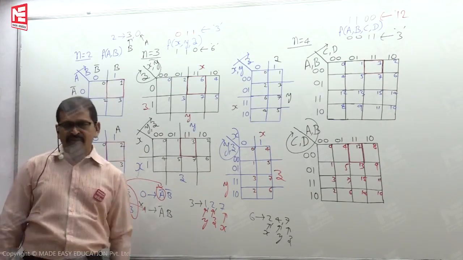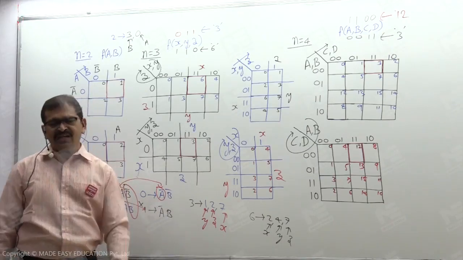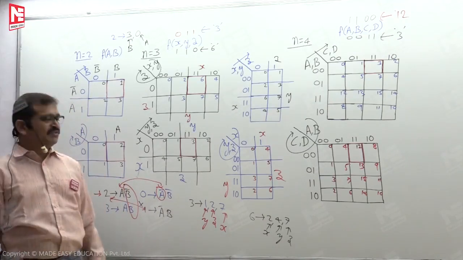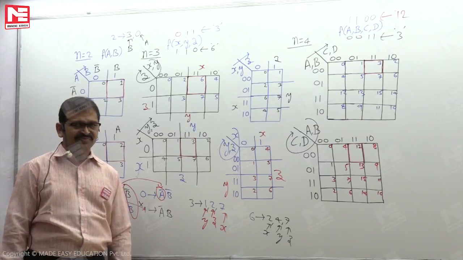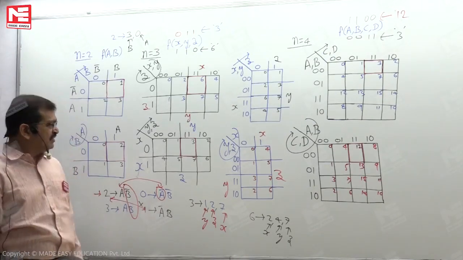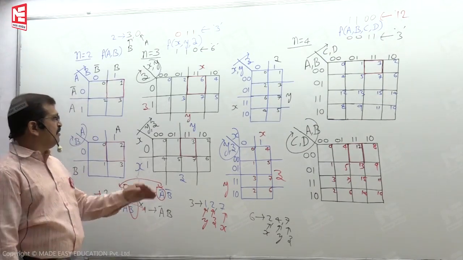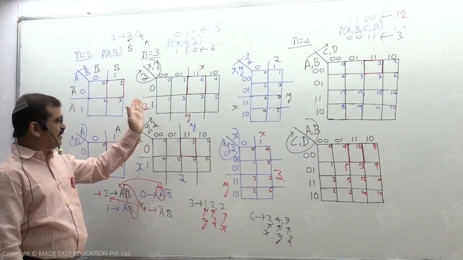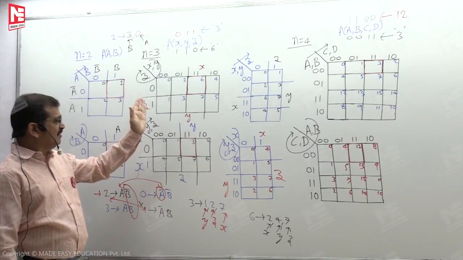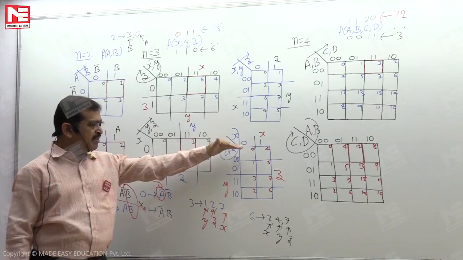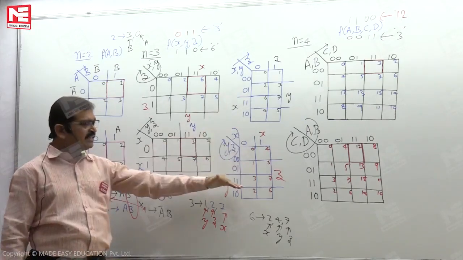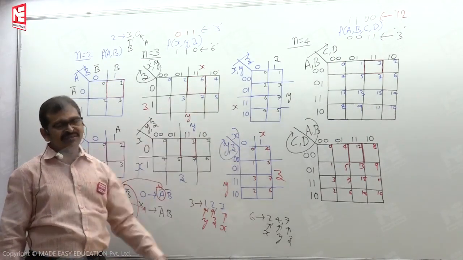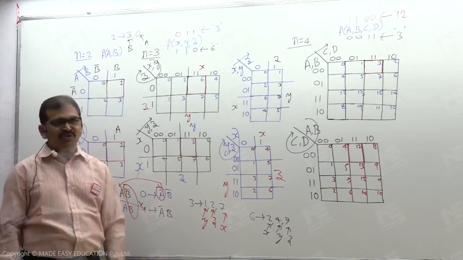So in this 3 variable K-map, for every cell there are exactly 3 cells which are adjacent cells. When the reference cell is in the rightmost or leftmost place, or in this format the first column and the last column, we need to fold.